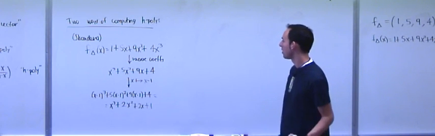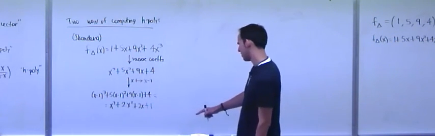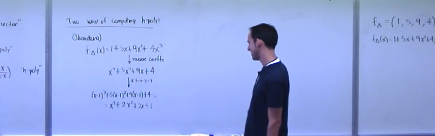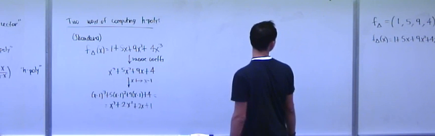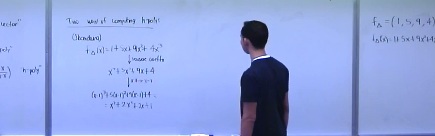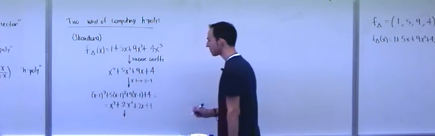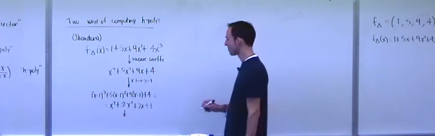But you do this. 1 plus 5... Okay. So I'll tell you what the last step is: you reverse the coefficients again.